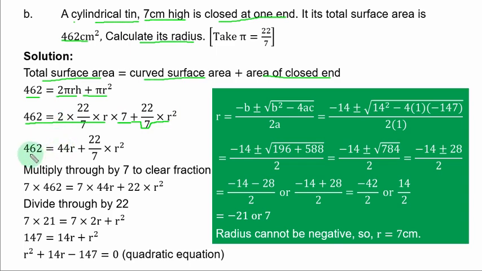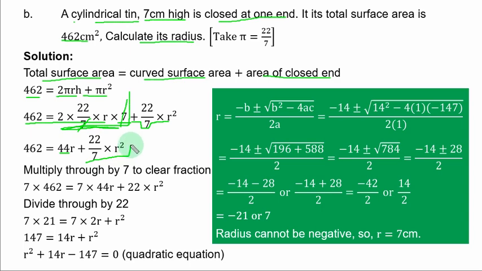Alright, so we have 462 equal to 2 times 22 is 44. This 7 can cancel this 7, so you have 44r plus 22/7 times r squared.